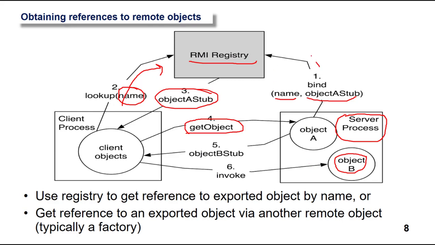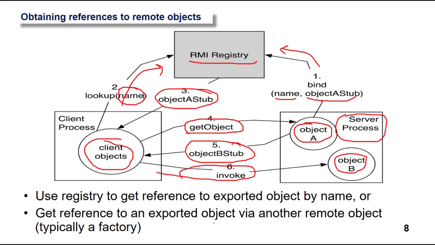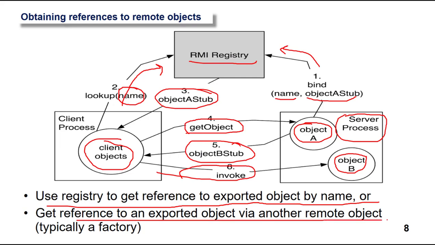The first way is placing it in the RMI registry, and the second way is that a call made on the first object can also return a stub. Now the client has access to both stubs, the stub for object A and the stub for object B, and it can continue to make invocations as needed. So we use the registry to get a reference to an object by name, or we get a reference to an exported object via another remote object.